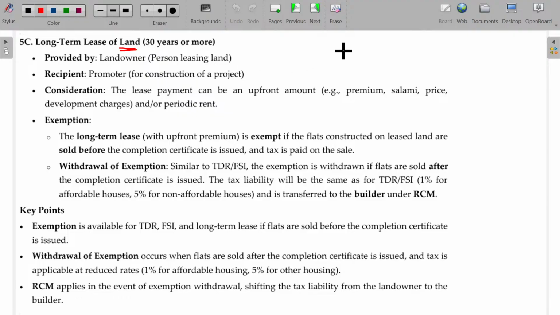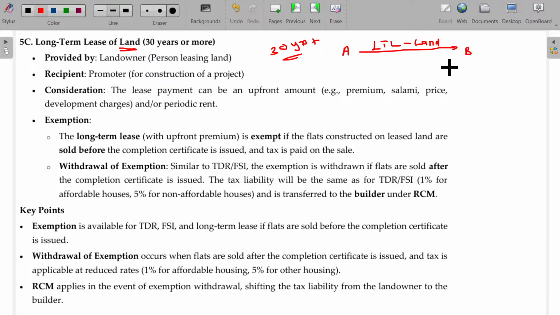A, B, what service is provided? Long-term lease of land. Long-term lease means the tenure is 30 years or more. A is the landowner, B is the promoter for construction of the project. Is that okay?